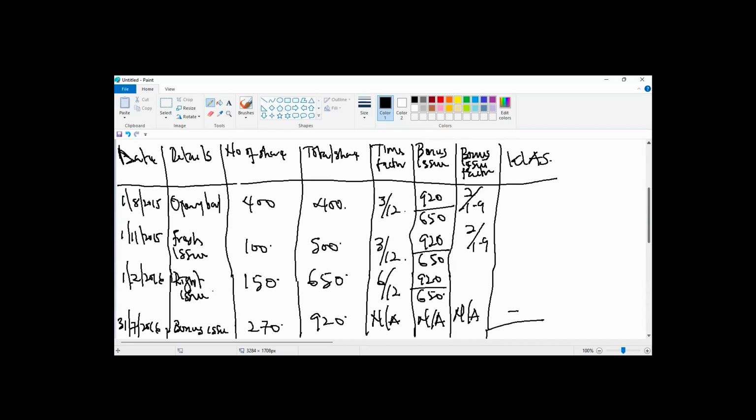That gives me a figure. Not much, but 149. 149 point what?